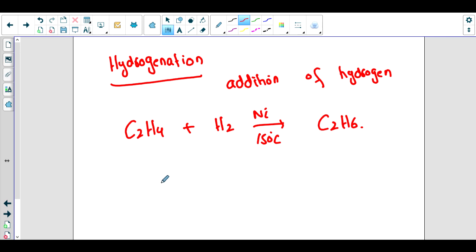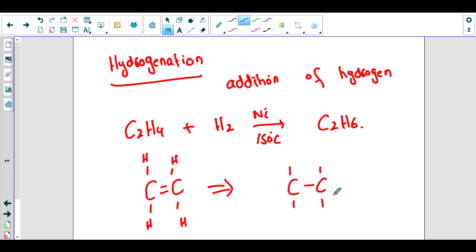The double bond breaks. If you look at the structure, carbon double bonded with carbon, and you have two hydrogens here, two hydrogens here. In the presence of this catalyst, the double bond breaks, and there is a position now.